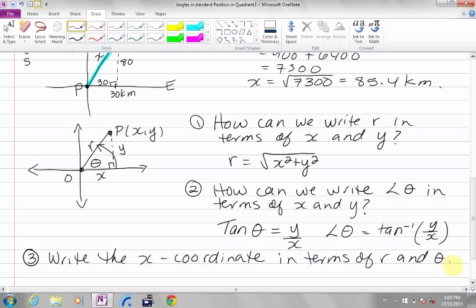Instead of using x and y, now we're going to use x and r. So how do x and r relate to the angle of theta? Anna? Laura?